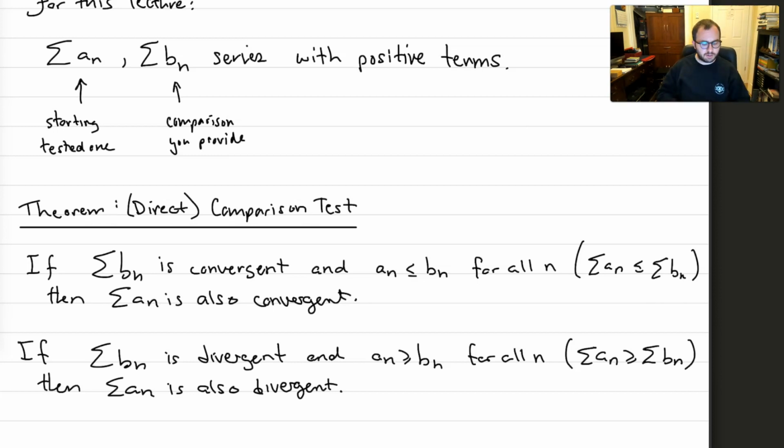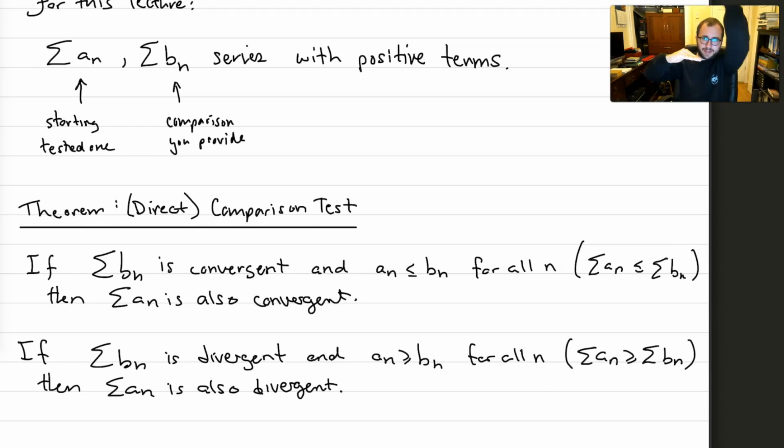Great. Notice that the first part of this, Bn is convergent, so AN has to be convergent. It doesn't say anything about Bn being convergent and having A be bigger than B. So if your comparison series is convergent, you're only going to be able to say something if the series you're testing is below it.